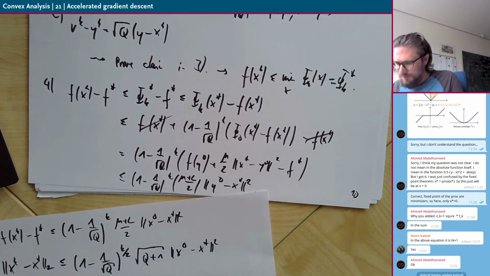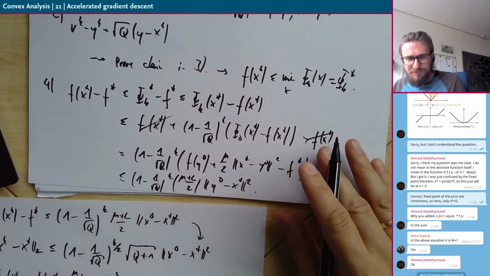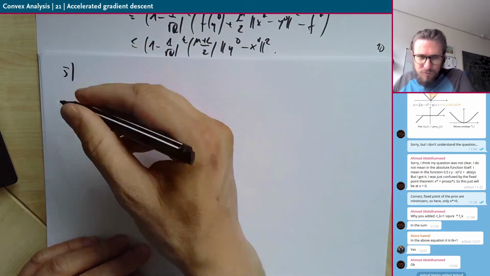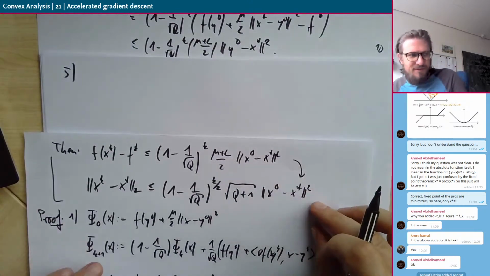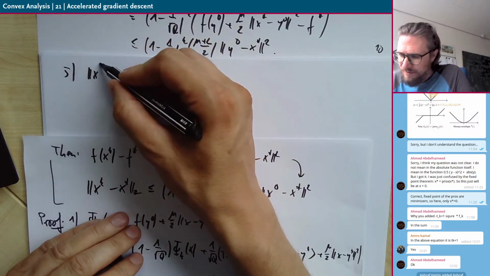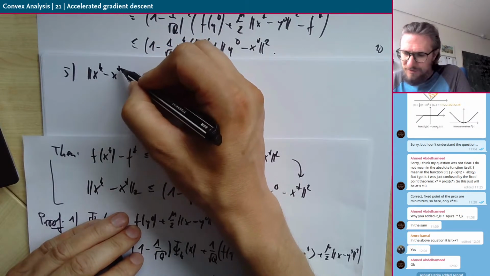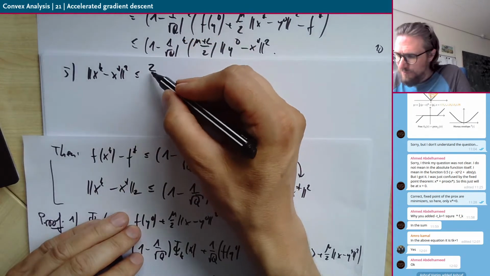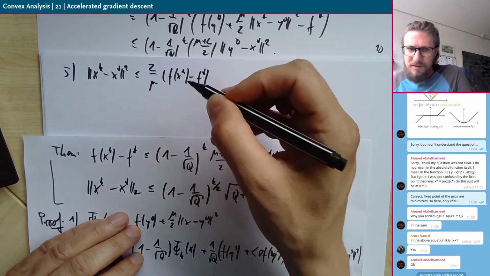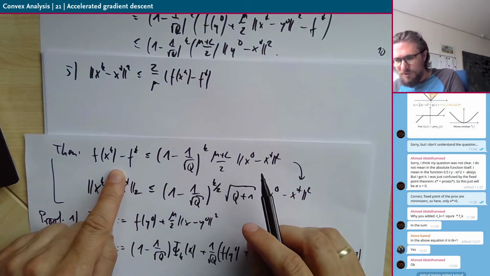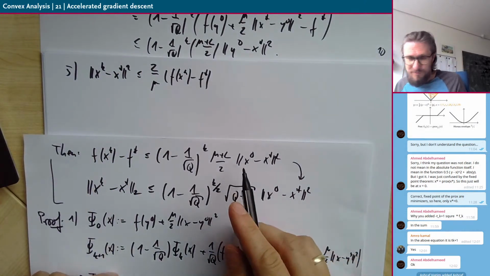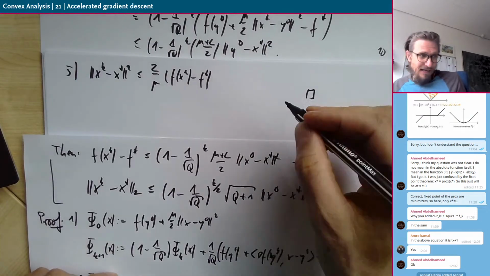So to go from here to there, which would be step 5, we prove the second inequality. We just note that in general, also by strong convexity, the norm of x_k minus x star squared is smaller than 2 over mu times f of x_k minus f star. So we just can estimate here from below by mu over 2 times this, bring mu over 2 to the other side, do the calculations, and enter from here to there. So that's it.